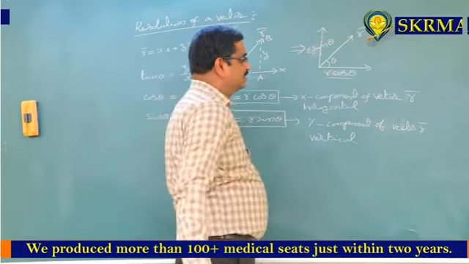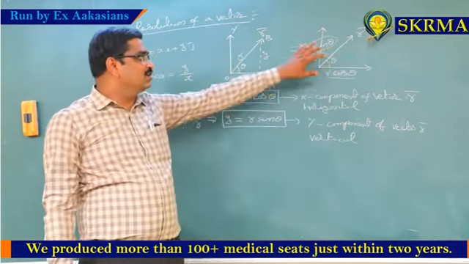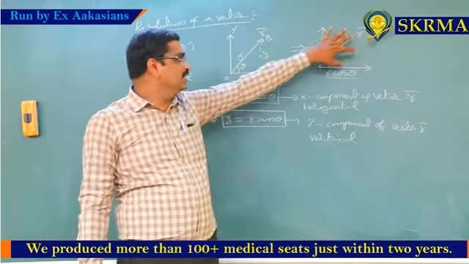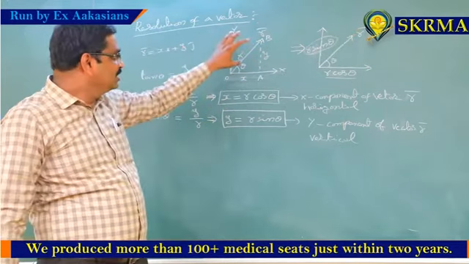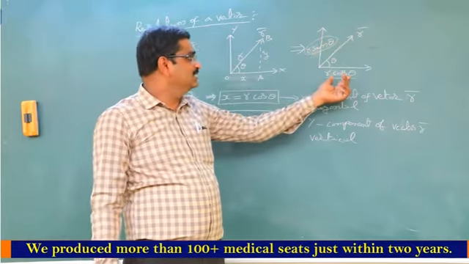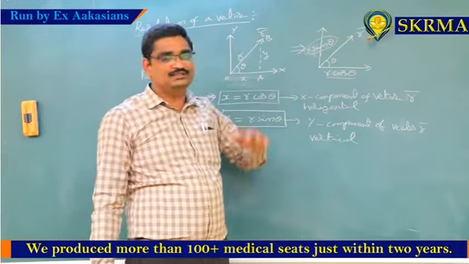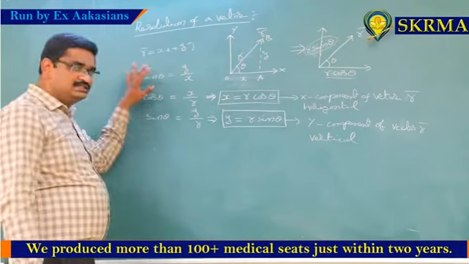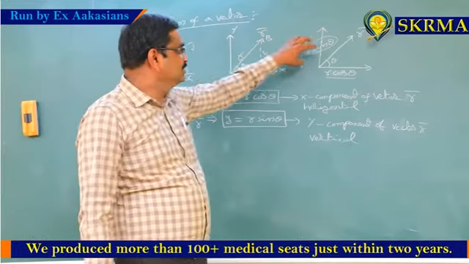R cos theta. Y component is how much? R sin theta. So these are the components of this vector. Simply we can write by using this diagram. No need to solve like this also. Directly from this one we can write like this. So r cos theta is the x component of this vector. R sin theta is the y component of this vector.